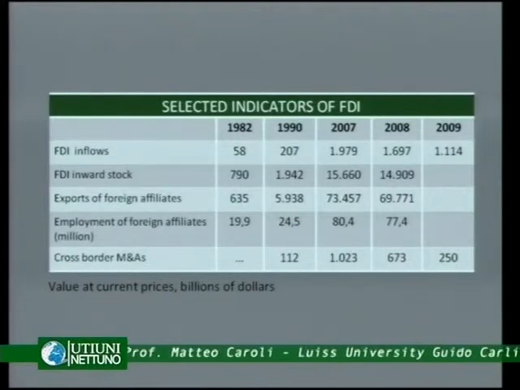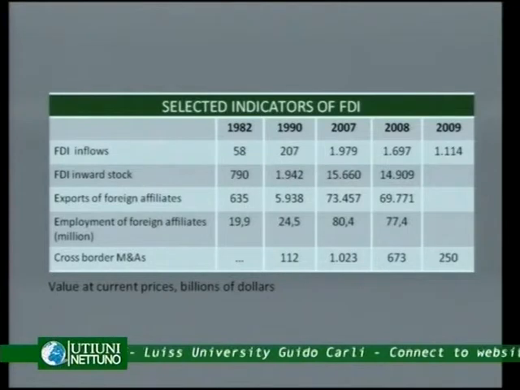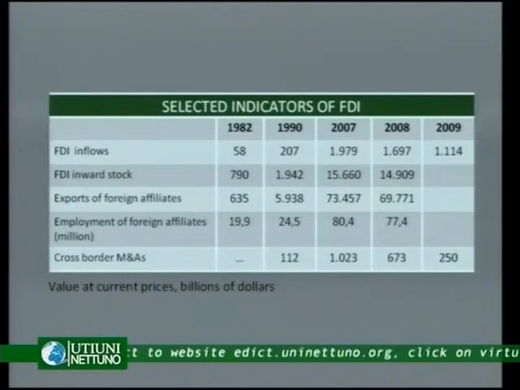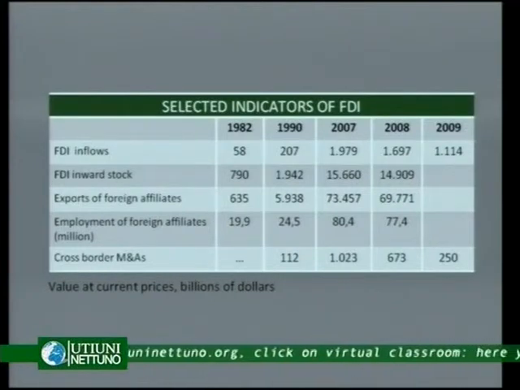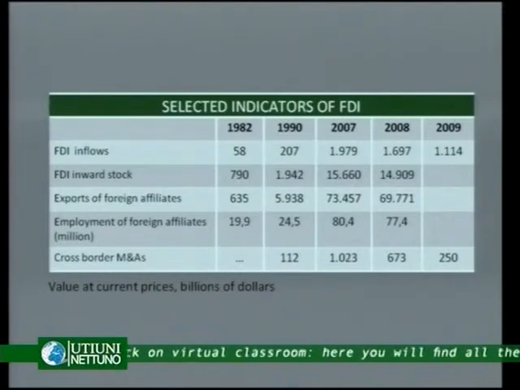was done by foreign affiliates. The employment of foreign affiliates, in terms of millions of people, you see in 2008, more than 77 million employed by foreign affiliates. So the effect of foreign direct investment on employment is very relevant.